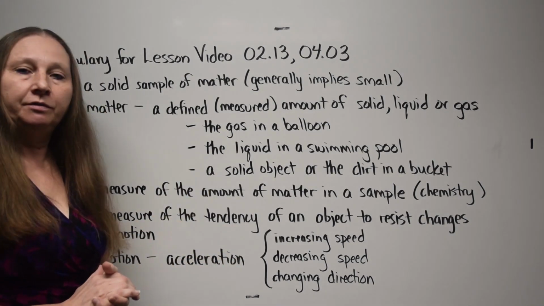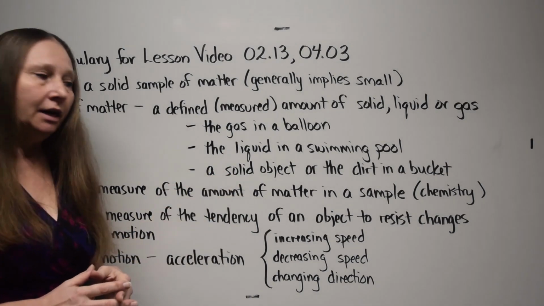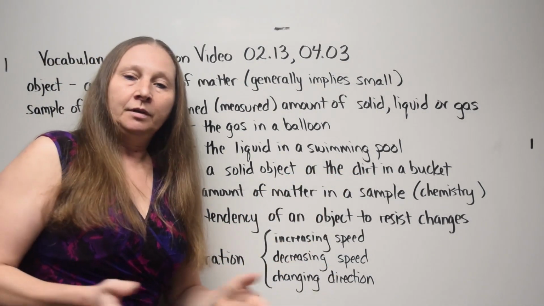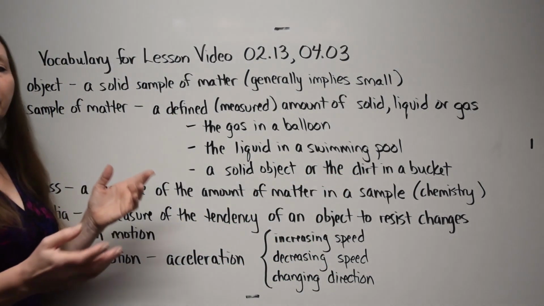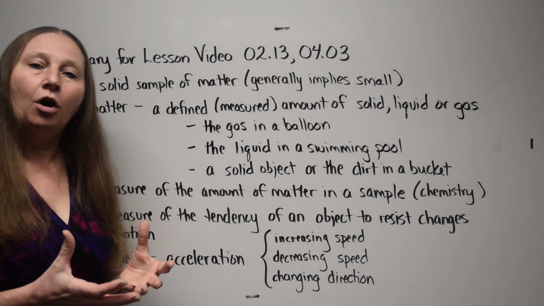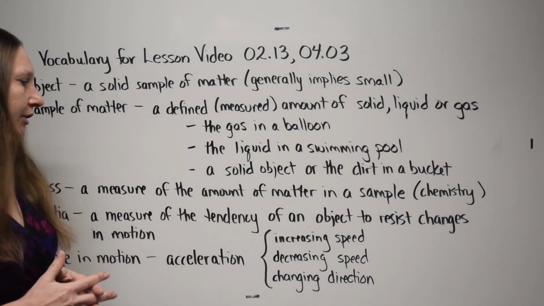These are samples of liquid matter. And finally, a sample of matter could be a solid object, or for example, it could be the dirt in a bucket. So for a sample of matter, you're giving us some idea of what the boundaries of that sample are, and also whether it's a solid, liquid, or gas. Generally, you're going to tell us.